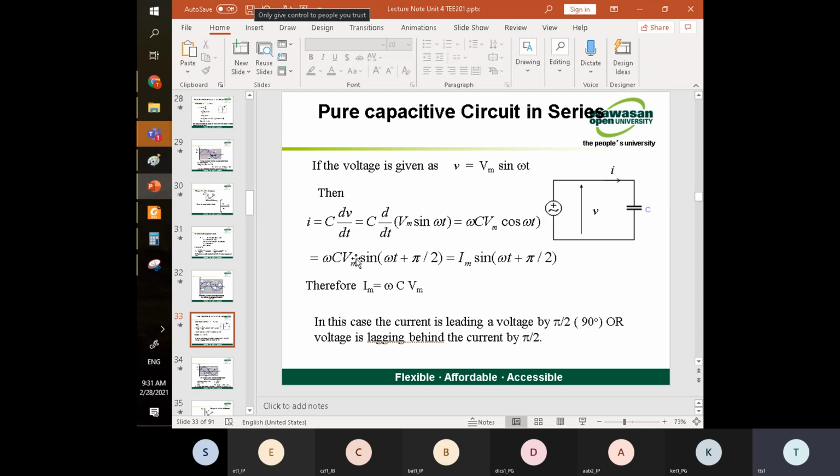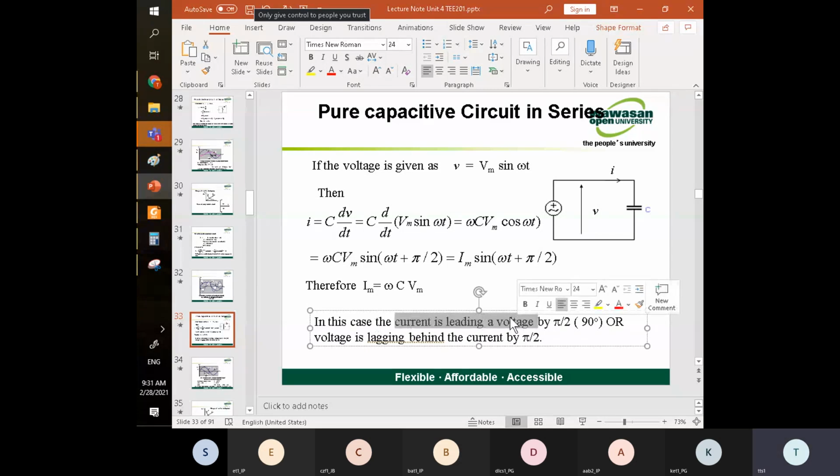The C is opposite of the L. For the C, the capacitive load, current is leading the voltage. That means voltage lags the current. Voltage is lagging behind the current. Okay, voltage is lagging behind current for C. They are just opposite. Because before that I already showed you the reactance for the C, right?